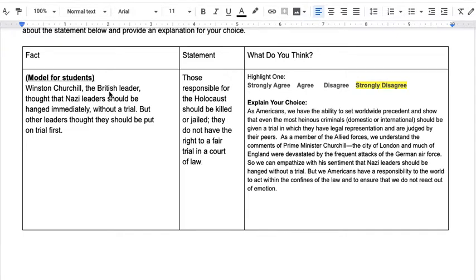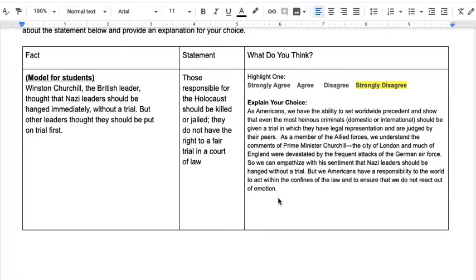So once again, you have the fact on the left hand side, and then you have a statement, just like in this one here. Those responsible for the Holocaust should be killed or jailed. They do not have the right to a fair trial in a court of law. And of course, as part of your example model, I went ahead and highlighted strongly disagree.